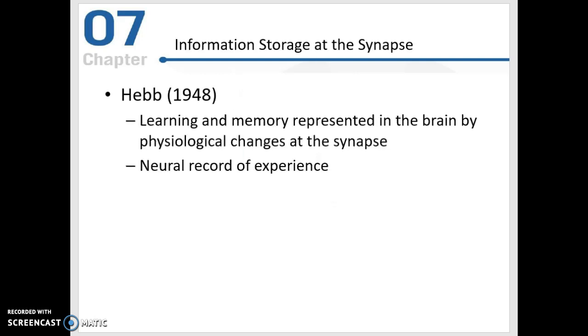Now, Hebb in 1948, so 48 years later, wanted to look at what was actually happening at the synaptic level. And what he discovered was that there is a neural record of experience in that the synaptic connections get stronger for certain memories as time passes. So as you retrieve the same memory over and over, the synaptic connections get stronger and therefore become more permanent.